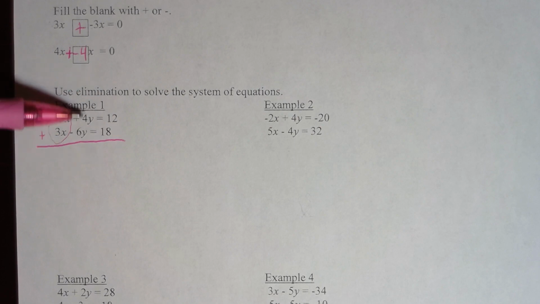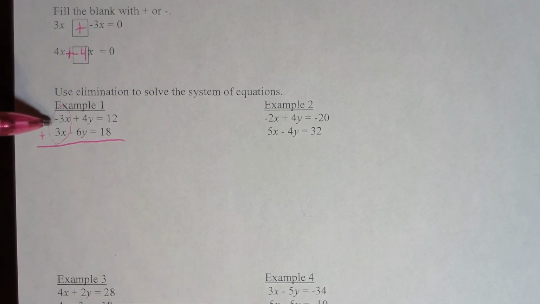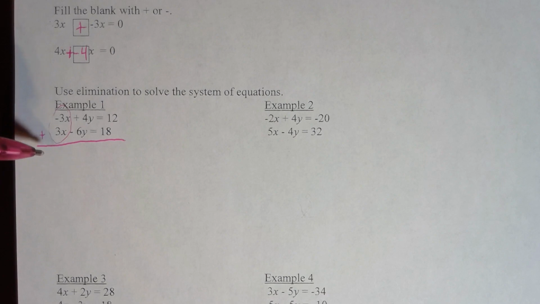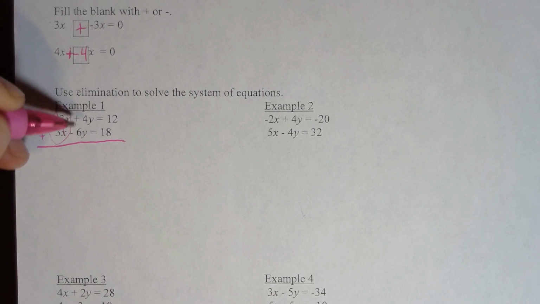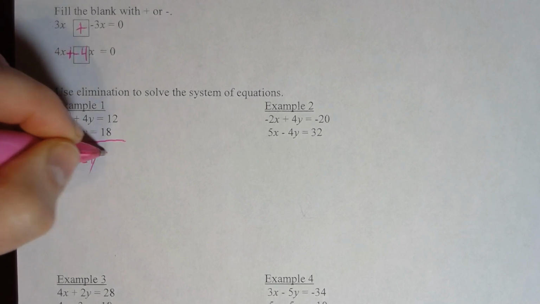As long as I'm adding straight down, just like you add straight down when you do hundredths and tenths and ones places, etc. So I've got negative 3x, and I'm going to add 3x to that, and I get 0. Now, I never write that down. That just goes away, right? And then I've got a positive 4y, and I'm going to add negative 6y to that, and I get negative 2y. It's just like combining like terms, right?